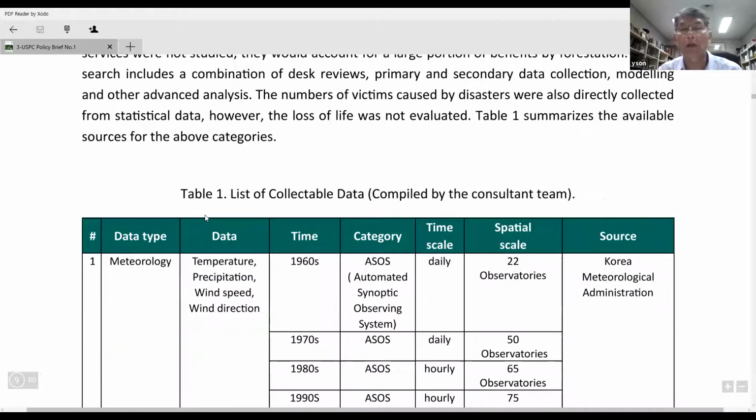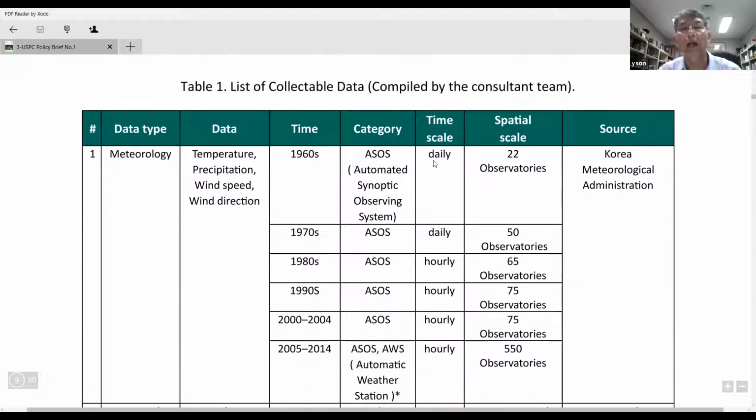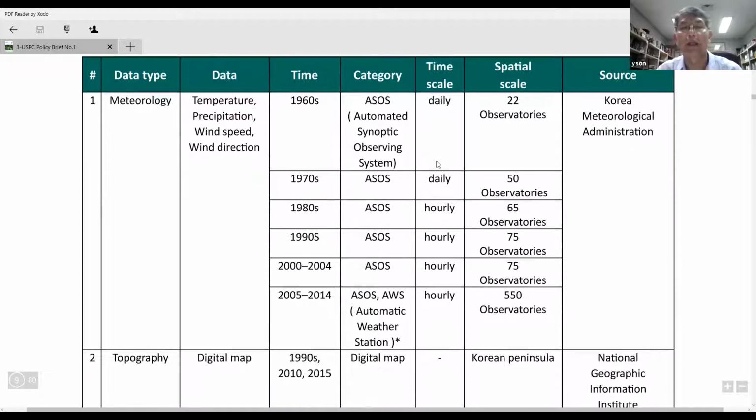This Table 1 lists collectible data. For example, meteorology data, we used this kind of data, with time scale and spatial scale. As you see here, even in Korea, in the 1960s we had only daily data, but now we have hourly data.